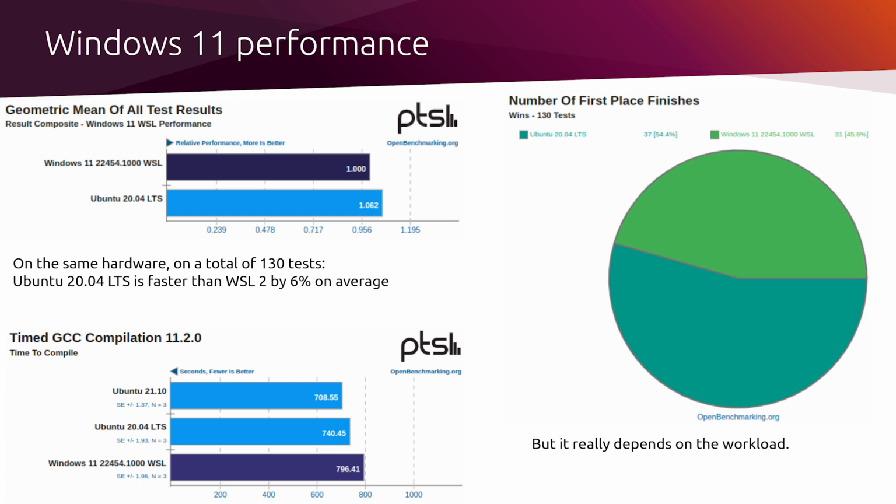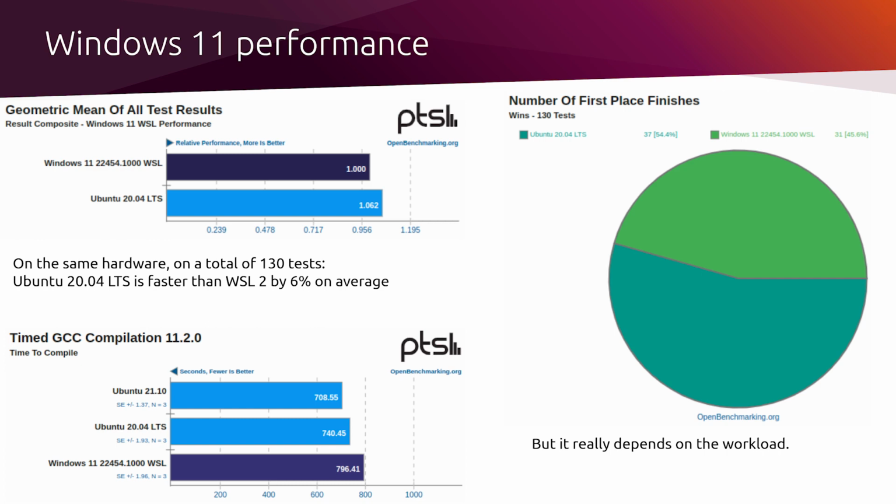This is the latest version of WSL2 that you can get from the store. It's the same test from Phoronix, so not done by Canonical or Microsoft. And you see the difference is very small. It's between 6 and 7% on average between Ubuntu 20.04 on bare metal and WSL on Windows 11.